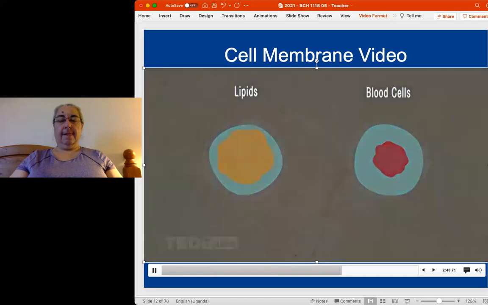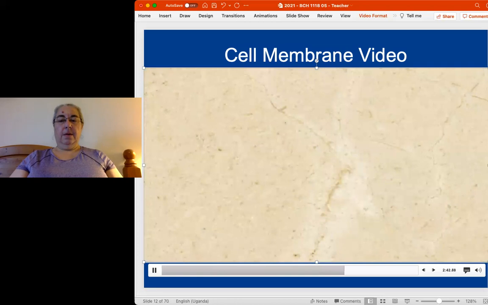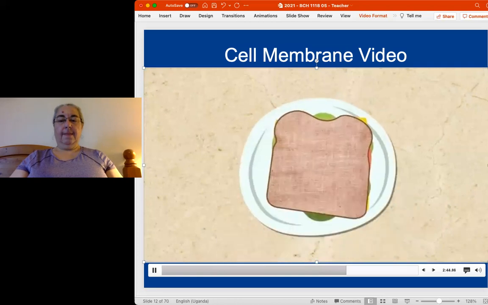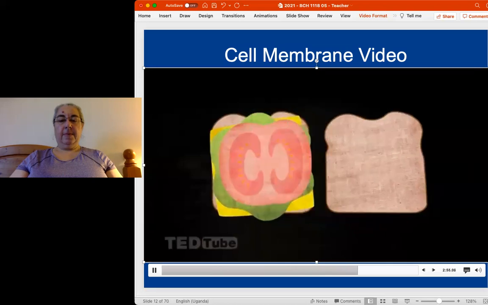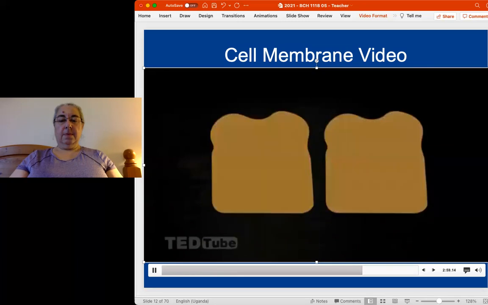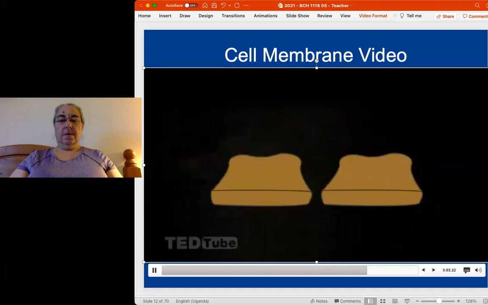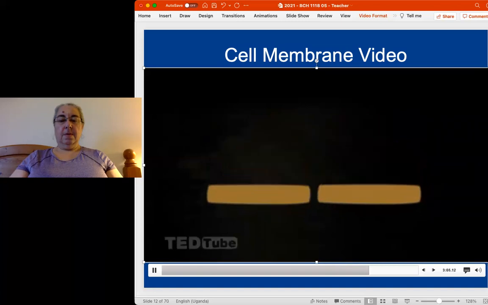To understand the design of their experiment, imagine looking down at a sandwich. If you measure the surface area of what you see, you'll get the dimensions of a single slice of bread, even though there are two slices, one stacked perfectly atop the other. But if you open the sandwich and place the two slices side by side, you get twice the surface area. The Gorter and Grendel experiment is basically the same idea. The open sandwich is the monolayer formed by the extracted cellular lipids spreading out into a sheet.